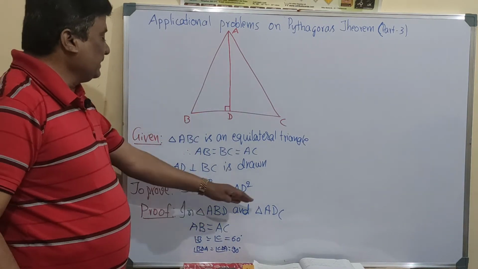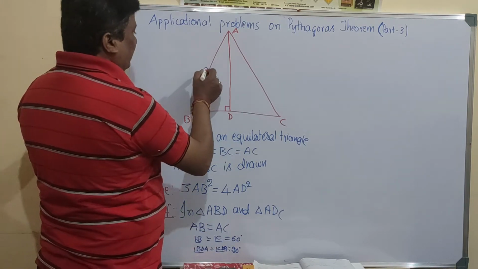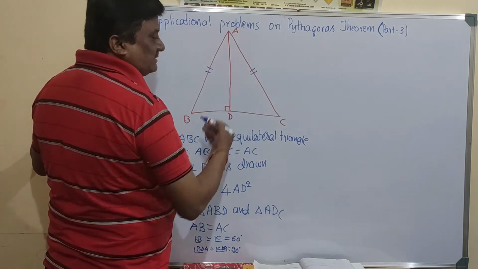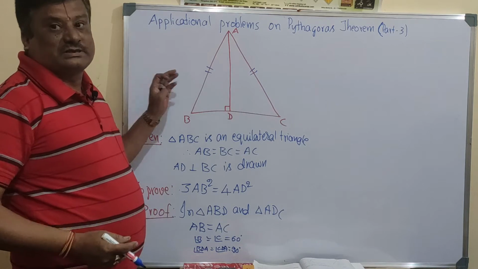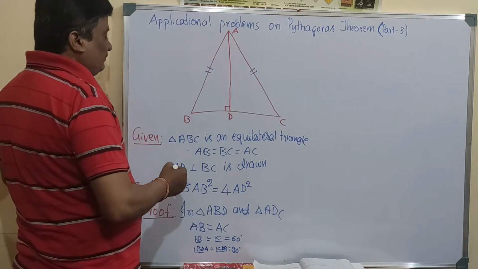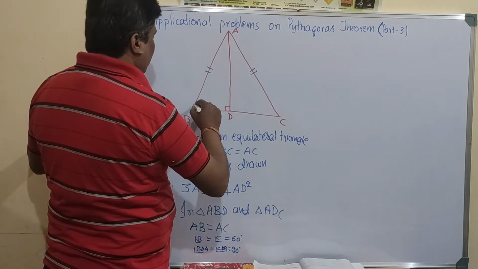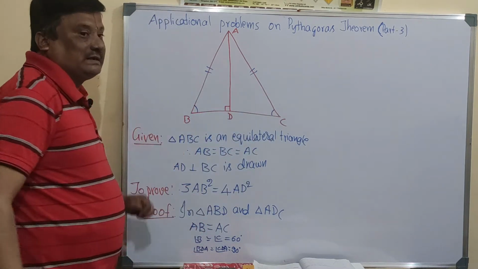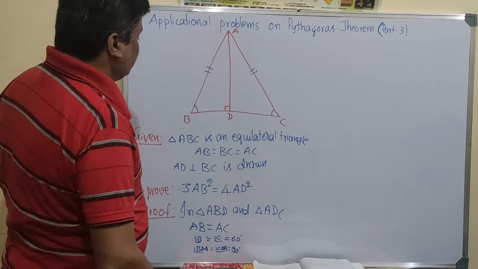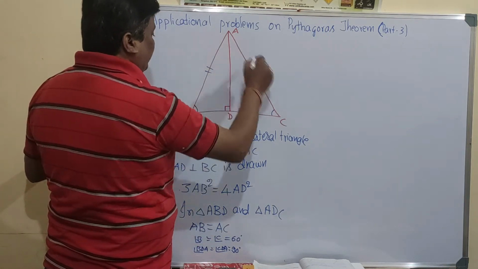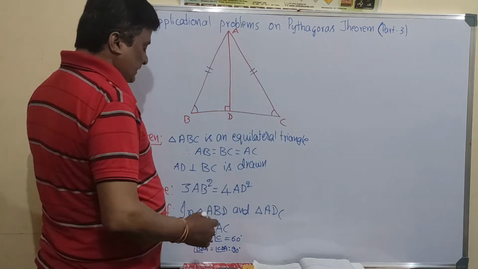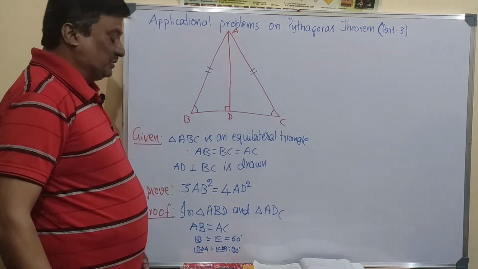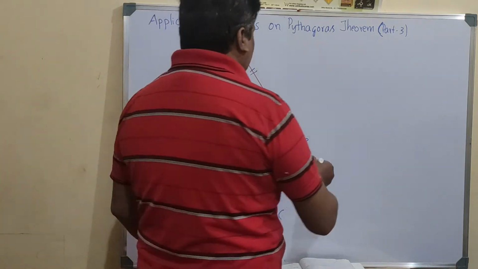So in triangle ABD and triangle ADC, here AB is equal to AC, as in an equilateral triangle all sides are equal. In an equilateral triangle, all angles are equal, so angle B is equal to angle C, and each angle will be equal to 60 degrees. And angle BDA is equal to angle CDA, and each angle will be equal to 90 degrees.